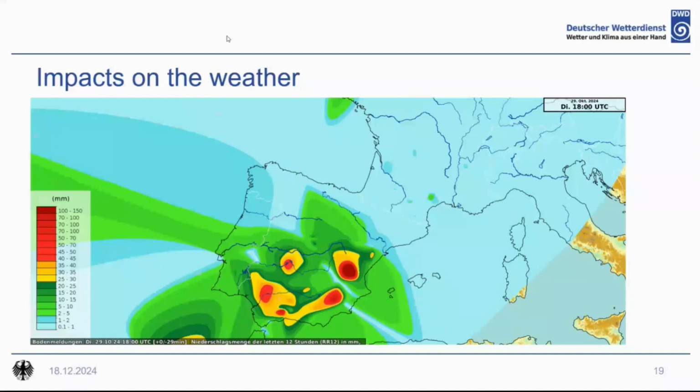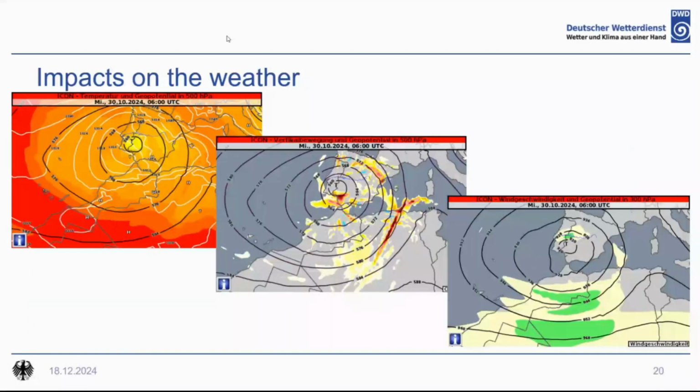On the 30th of October at 6 UTC, you can see the update of the cutoff low. It moved a bit northward, and the jet streak decreased due to decreased temperature gradients, which you can see in the upper left and the lower right chart on this slide.